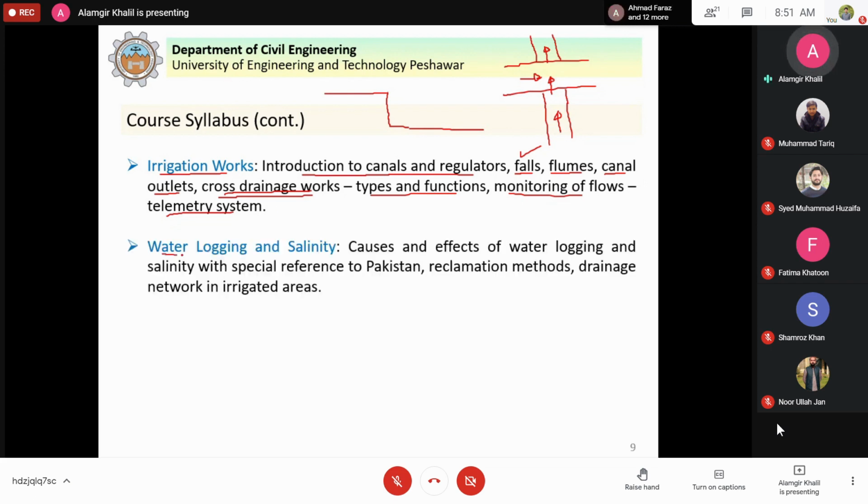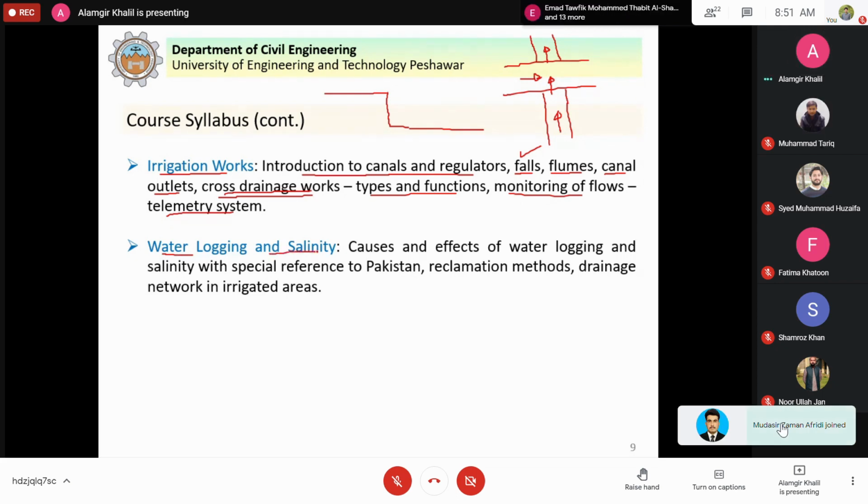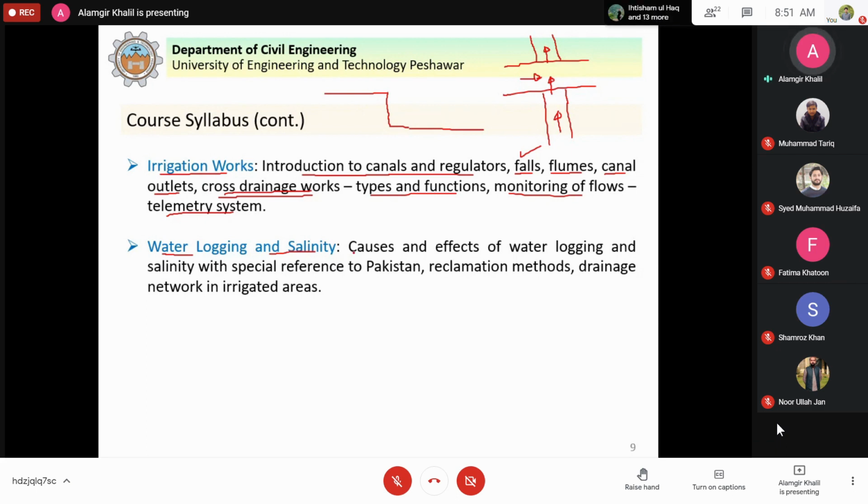We will also study waterlogging and salinity. As I already explained, we will study the causes and effects of waterlogging and salinity with special reference to Pakistan.